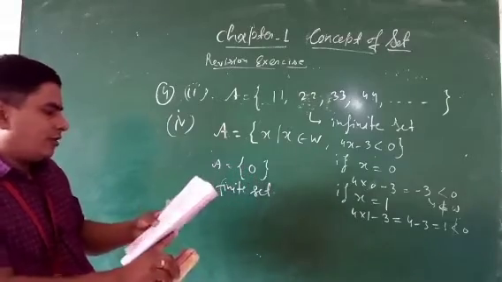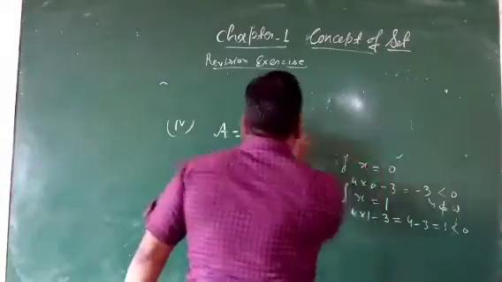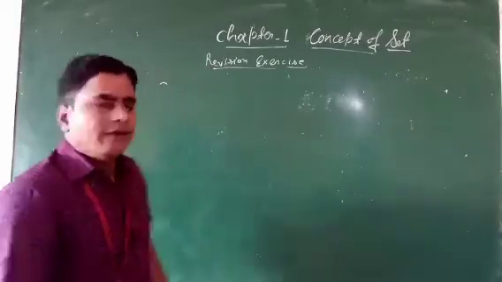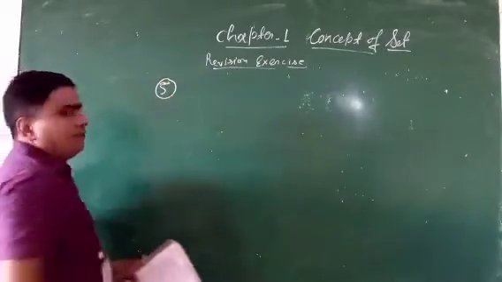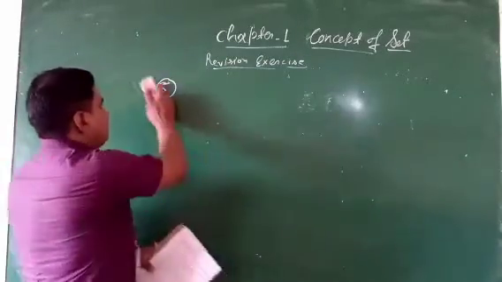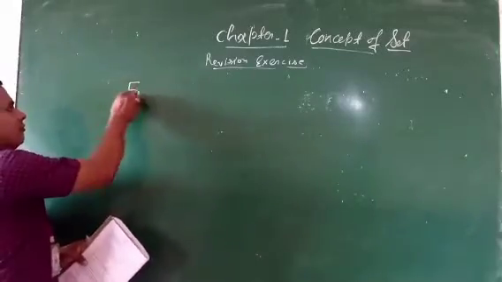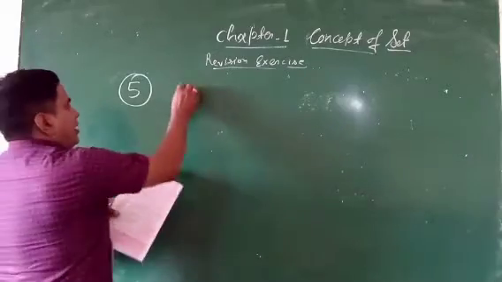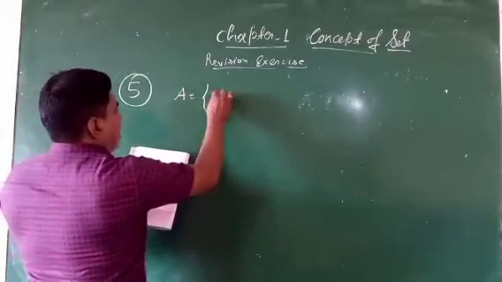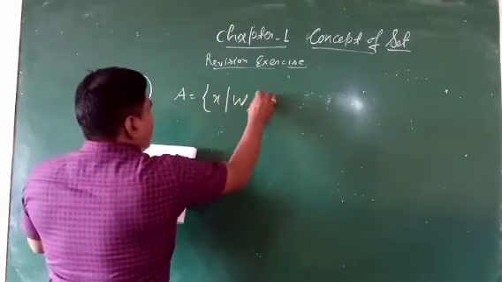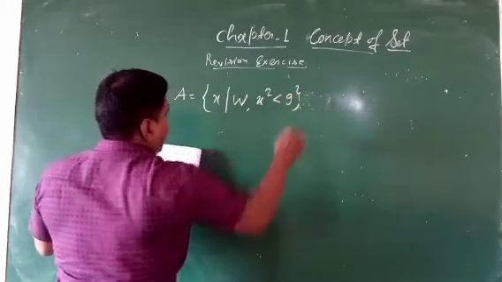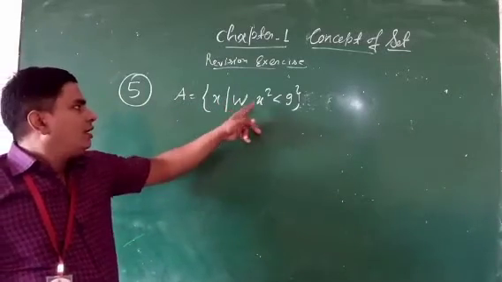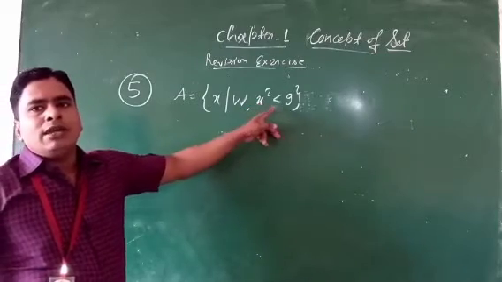Okay. Now next question, fifth one. A set is given, A is equal to {x such that x square less than 9}, which means x belongs to whole number where the square of the whole number is less than 9.